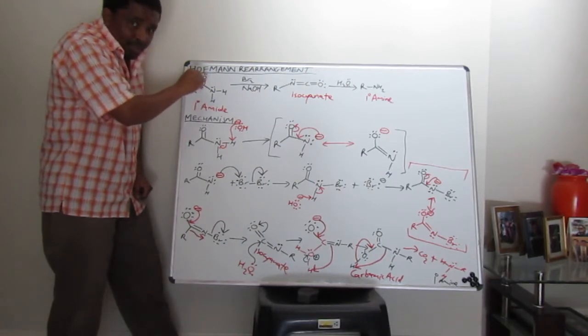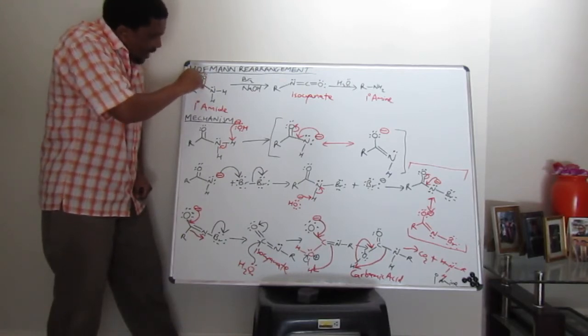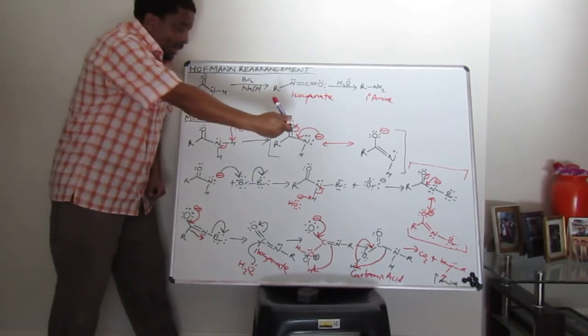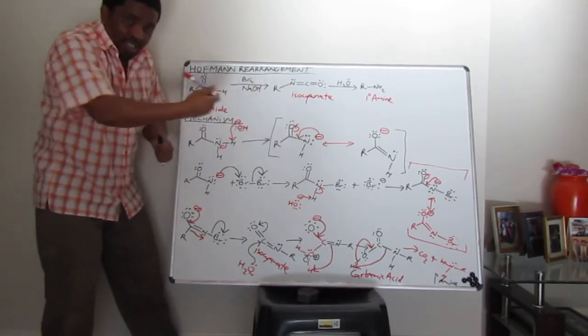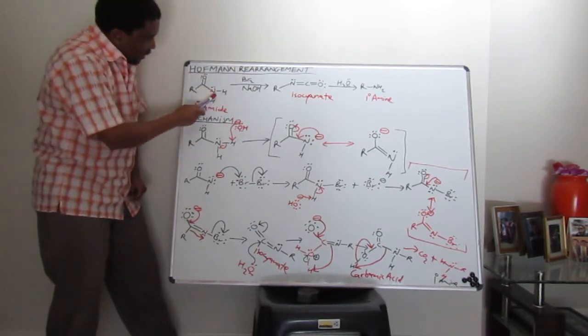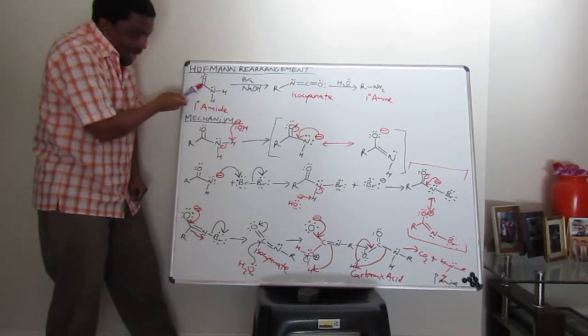Delta positive. The carbon that is electrophilic is then fed with electron density from your nitrogen. Nitrogen releases its electron density to stabilize this positive carbon atom.